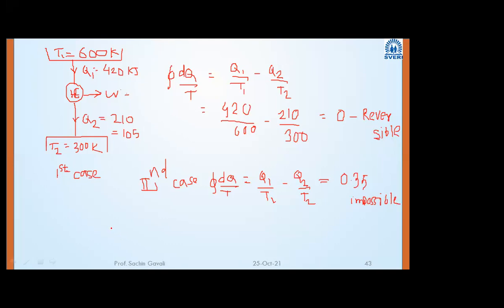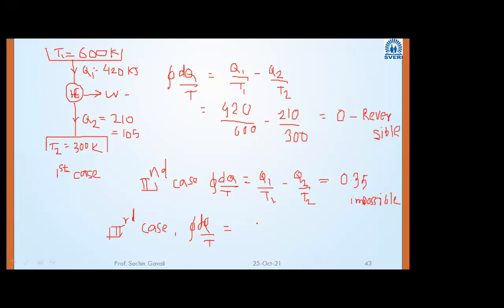And the third case. What is the third case? You tell me directly. In the third case, the cyclic integral of dQ by T is written the same way: Q1 divided by T1 minus Q2 divided by T2.